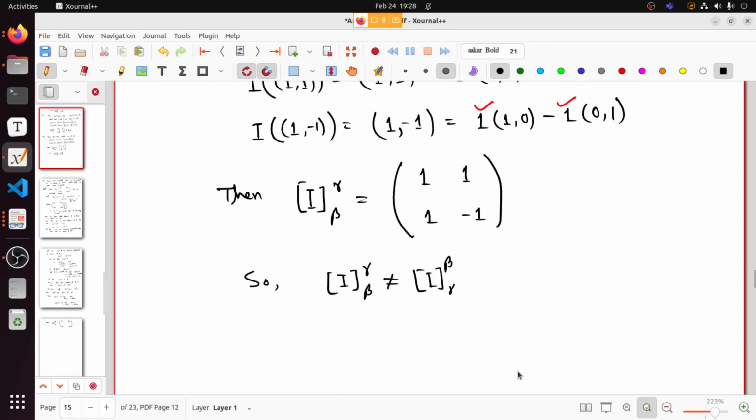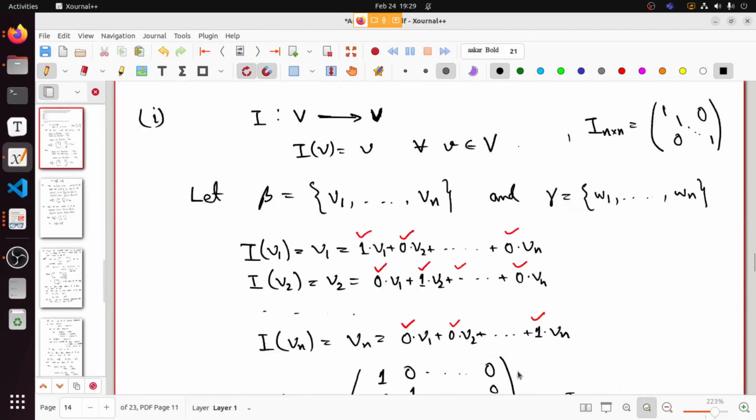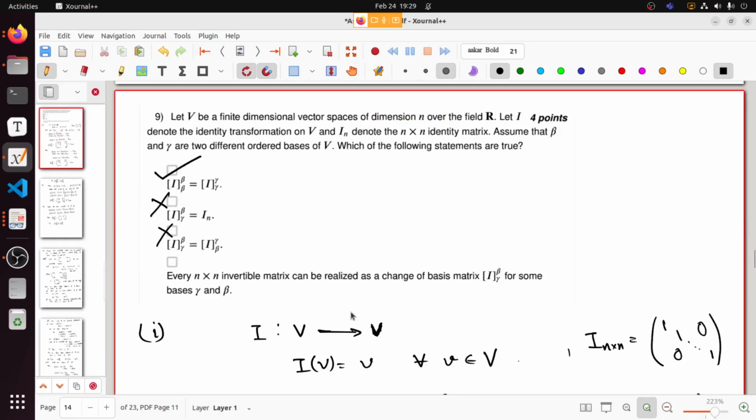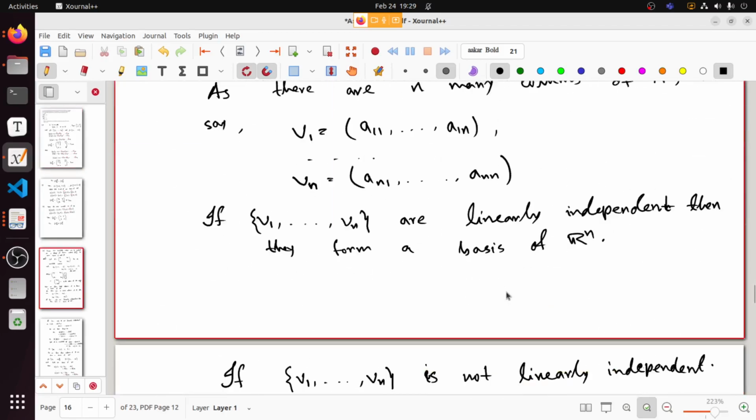So what is the question saying? The question was that any invertible matrix can be realized as the change of basis matrix gamma beta for some bases beta, gamma. So we have found two bases, gamma and beta.